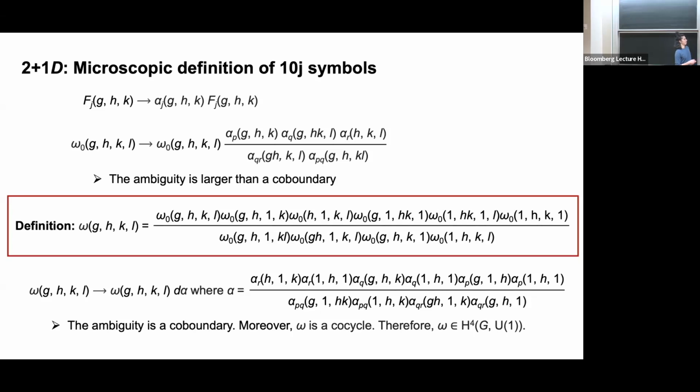This ratio is very carefully engineered so that when these 5 F-move operators are independently multiplied by a phase, the ambiguity in omega is precisely a coboundary. In particular, it's d alpha, where alpha is also a very large ratio of these alpha phases.